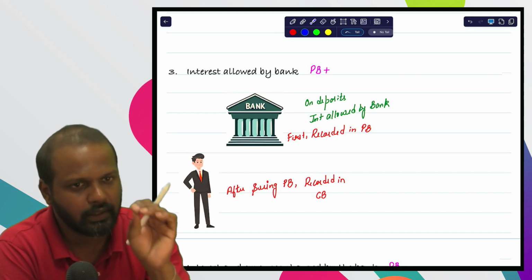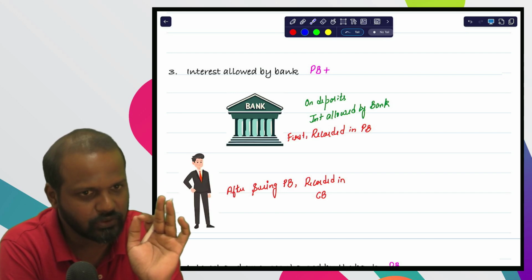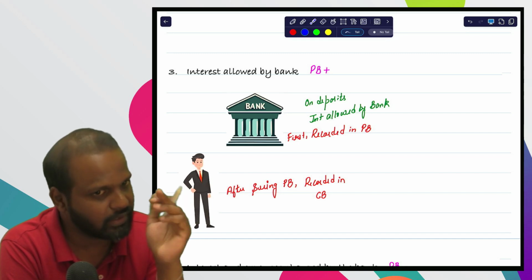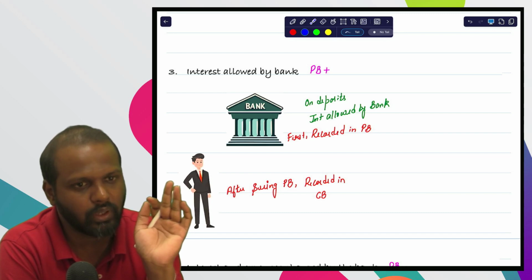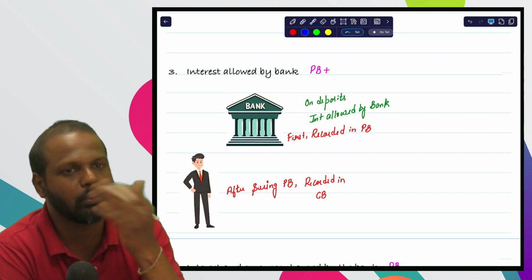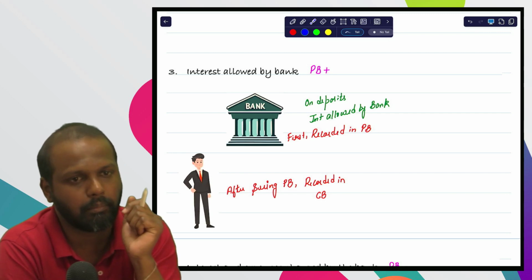So assume that till 31st March, I have not yet seen the passbook. It means that whatever interest is allowed by the bank is already appearing in the passbook. Because I have not seen the passbook yet till 31st March, I have not done the entry in the cash book. Then obviously your cash book and passbook balance will not tally, because the entry is there in passbook but not there in cash book.